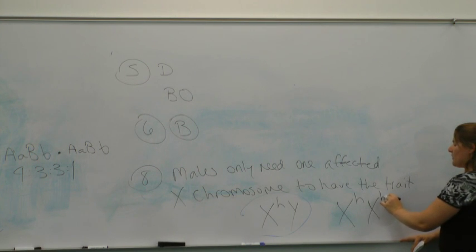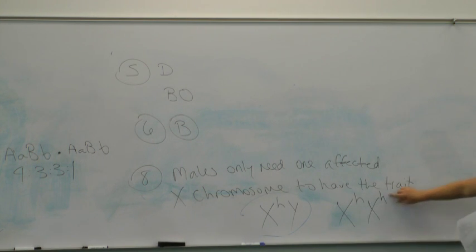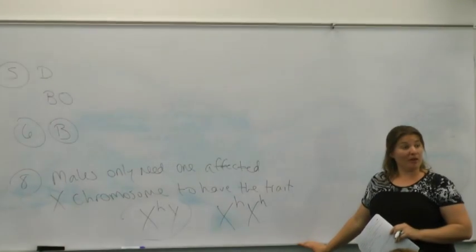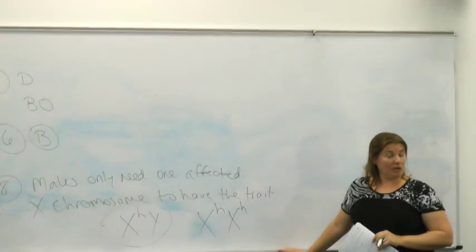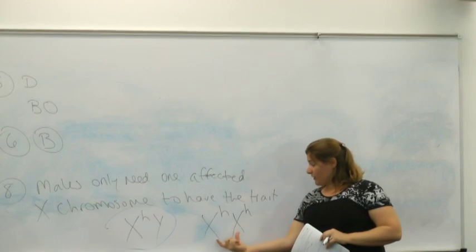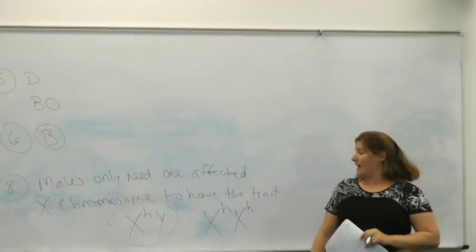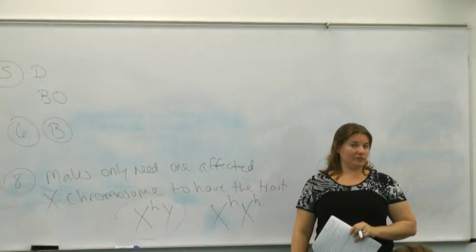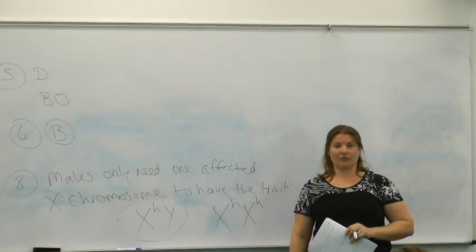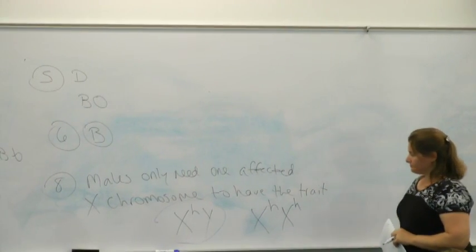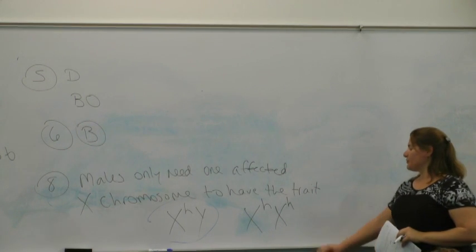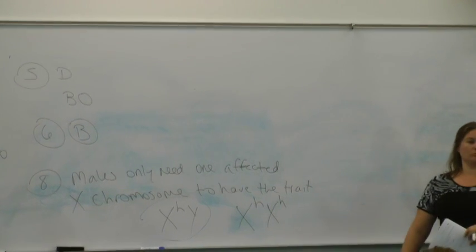The female would have to inherit 2 affected X chromosomes, one from mom and one from dad. So it's possible for a female to get hemophilia, but it's much less likely because she has to inherit it from both parents. The male only has to inherit it from his mom to get it. So males only need one affected X chromosome to have the trait. Females would need 2.